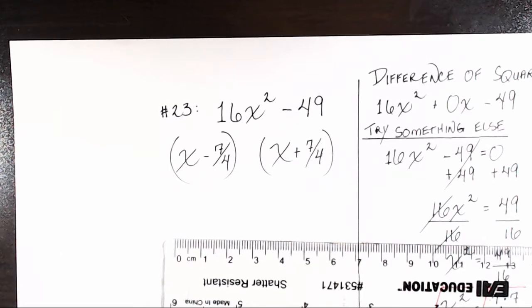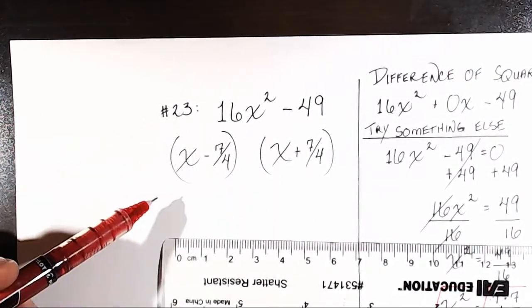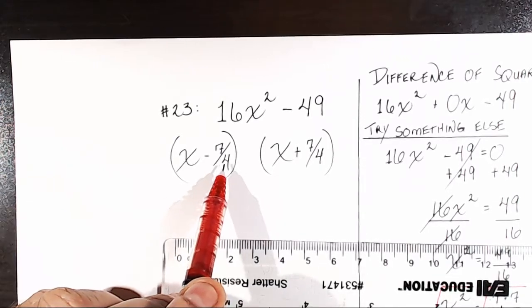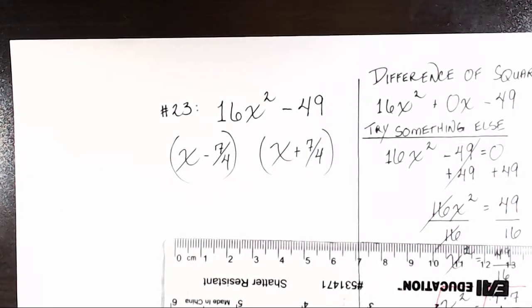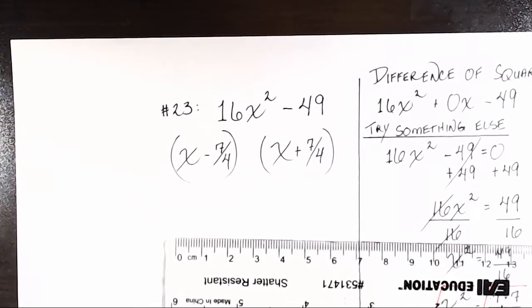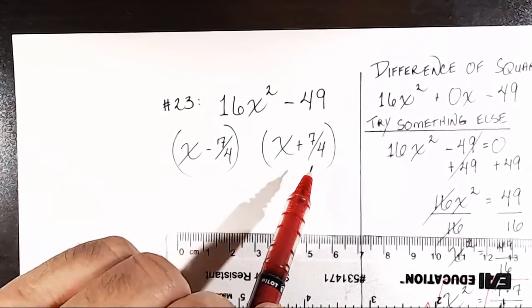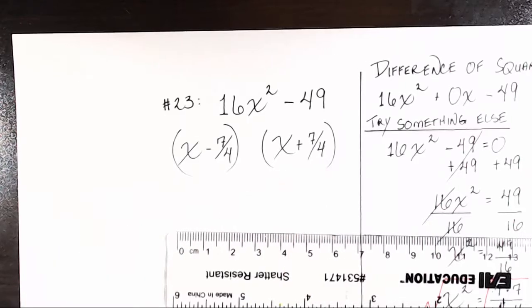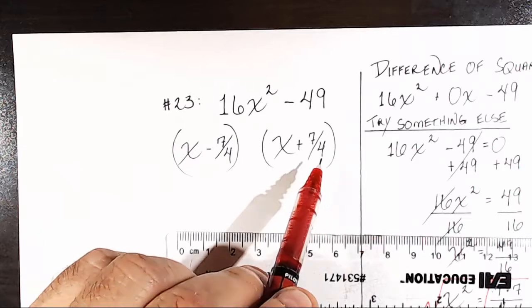Here's the thing. This is something to keep in mind. Factorization, they don't like having fractions. So I need to get this fraction out of here. What can I do to get this fraction out of here? How can I get rid of the fraction?